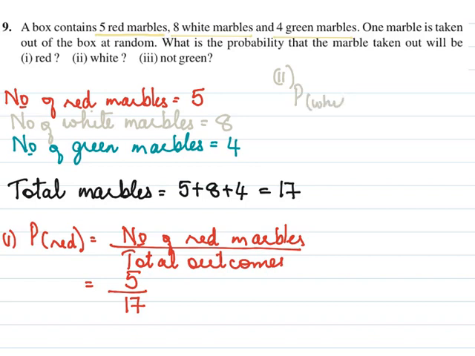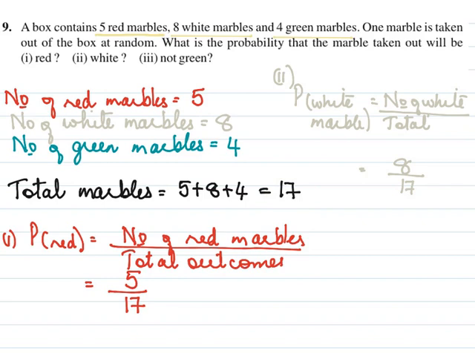The probability of white marbles will be number of white marbles divided by total marbles. So we see that the white marbles here are 8. So 8 over total marbles, which are 17. So 8 over 17 is the probability of white marbles.